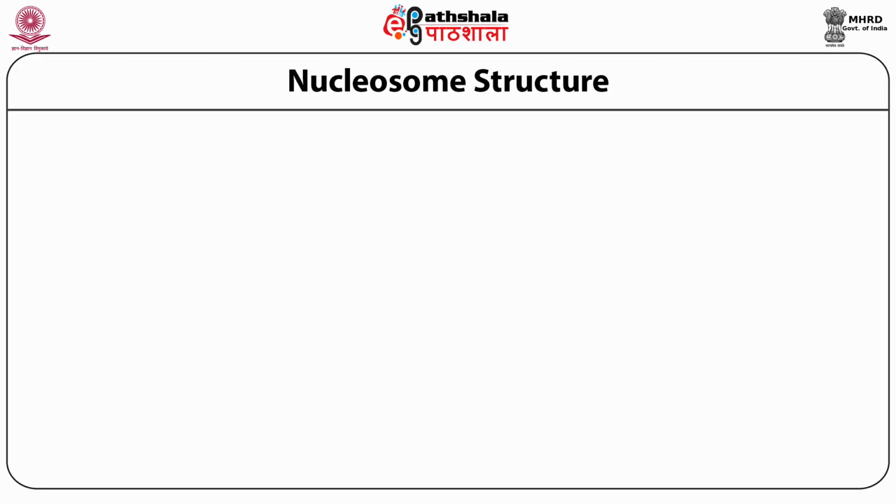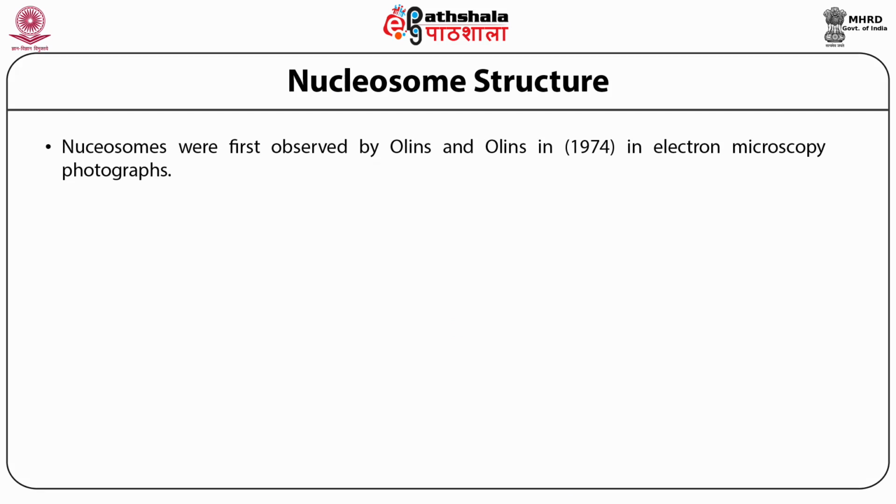Nucleosome structure. Nucleosomes were first observed by Olins and Olins in 1974 in electron microscopy photographs. The three-dimensional structure was proposed by Kornberg in 1974.